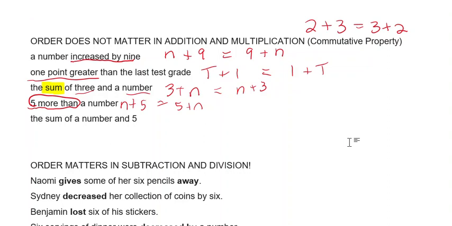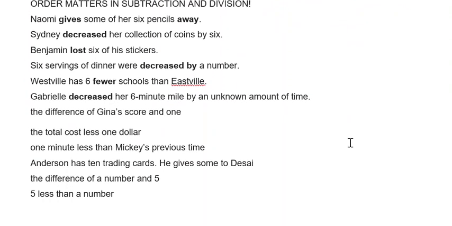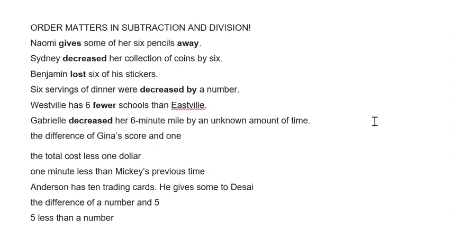You have to be really careful, though, in subtraction and division. Order does matter in subtraction and division. So when we look at these examples, you want to think about what you are starting with and what we are subtracting. So how much are we taking away? So Naomi gives some of her pencils away.